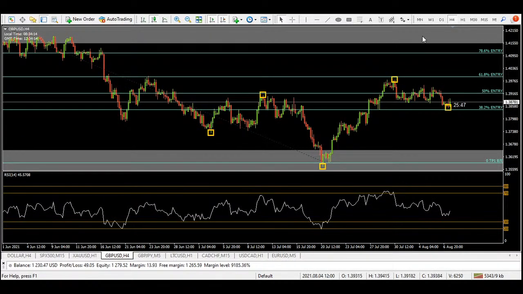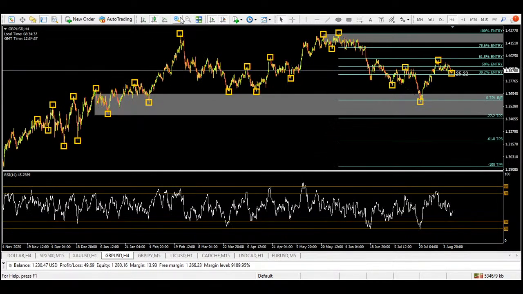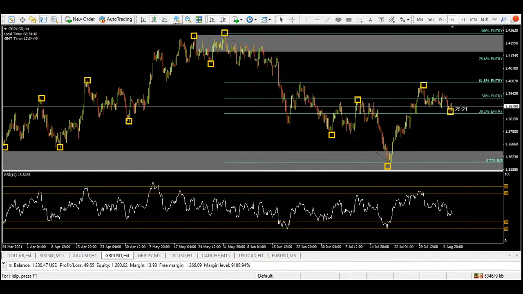Let's take a look at the 4 hour. So we're still thinking downtrend, right? We drew our fib from the most recent high to here. The 4 hour, I don't think... Yeah, we should be getting that push up.